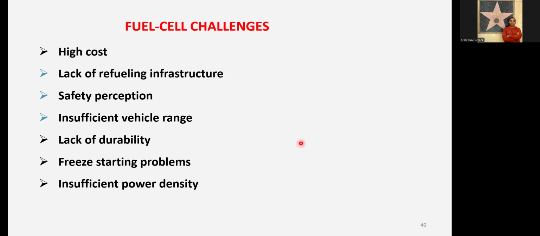So these are the few challenges faced by fuel cells. The assignment for you is to study these in detail.